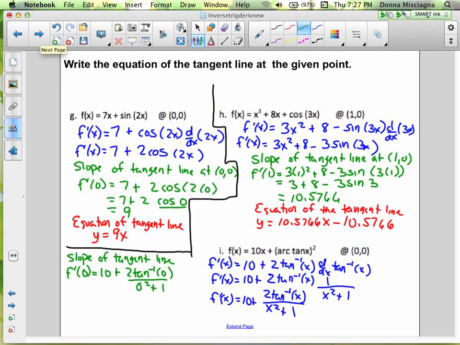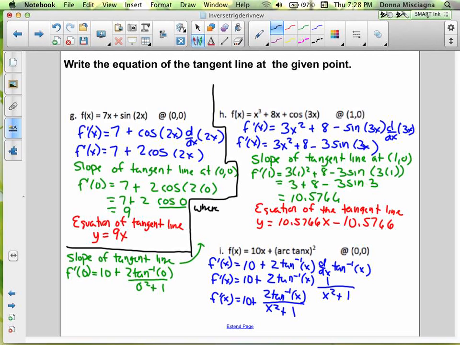When we are evaluating inverse trig, we're given the ratio. We need to find out where that ratio occurs. I don't have a whole lot of solving space, so I'm going to solve kind of short here.